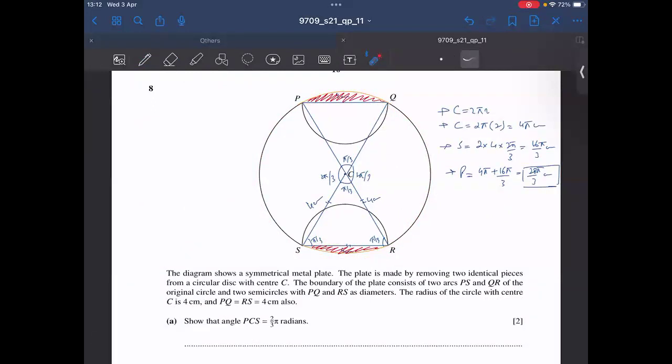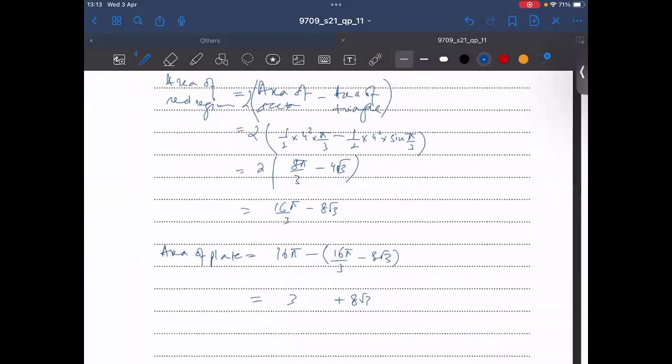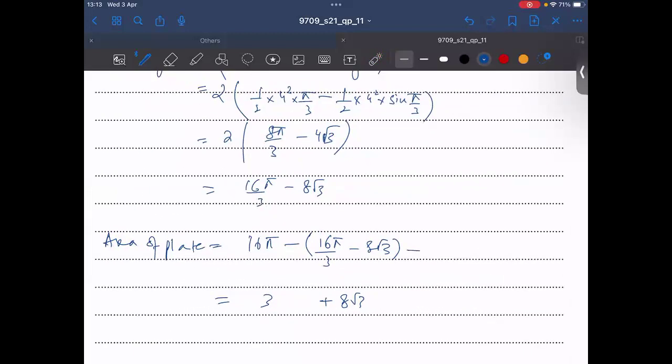And from there, I need to subtract the area of the semicircles as well. Minus area of the semicircles.